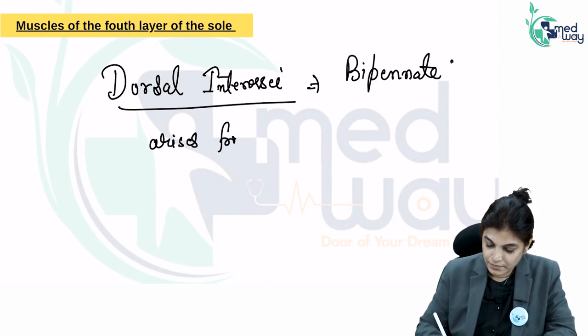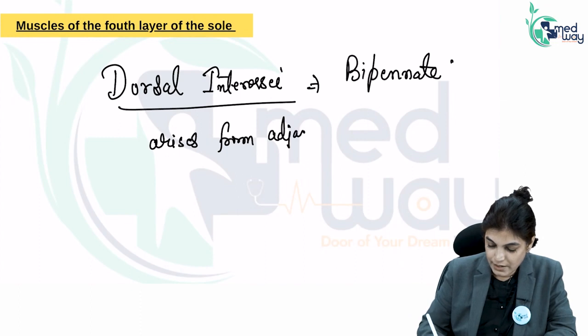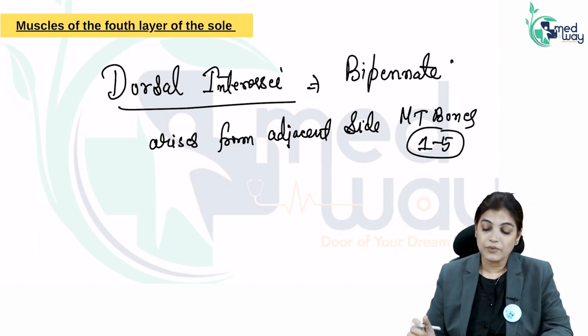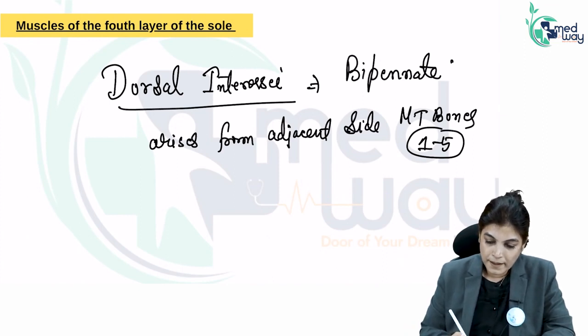the adjacent sides of metatarsal bones 1 to 5. We have 4 dorsal interossei muscles.